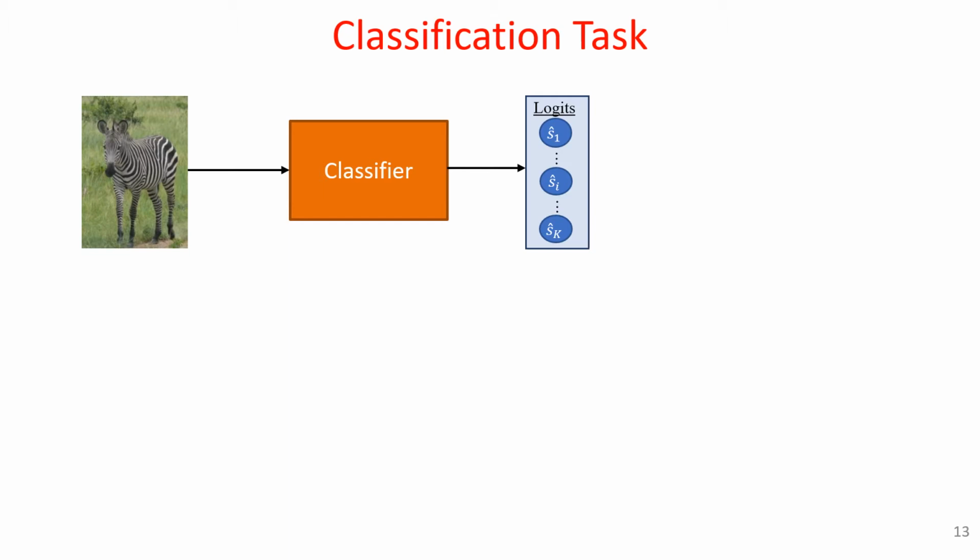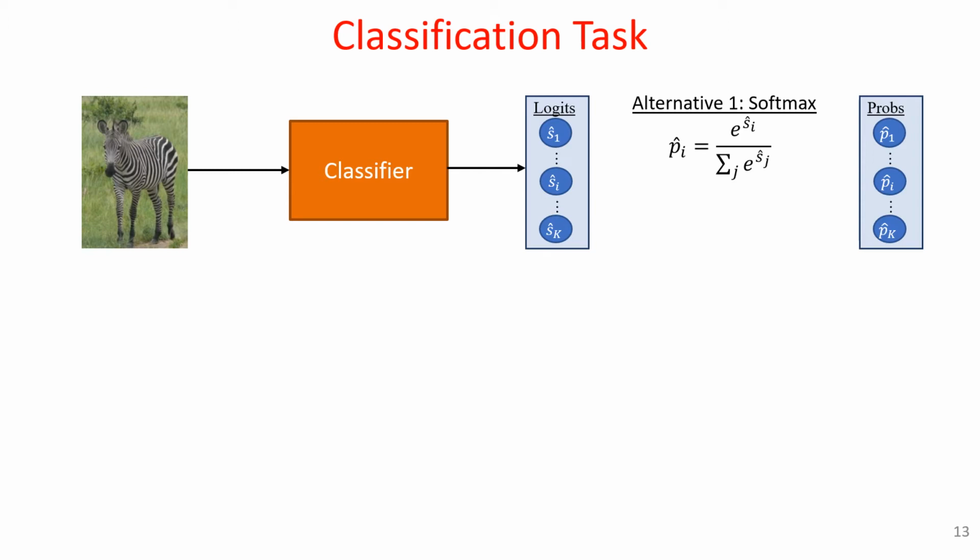To do so, the models output a logit for each class, which is then converted into a probability value. The first alternative to convert the logits to probabilities is to use a softmax function and obtain a probability distribution over classes. And the second common alternative is using class-wise sigmoid classifiers.